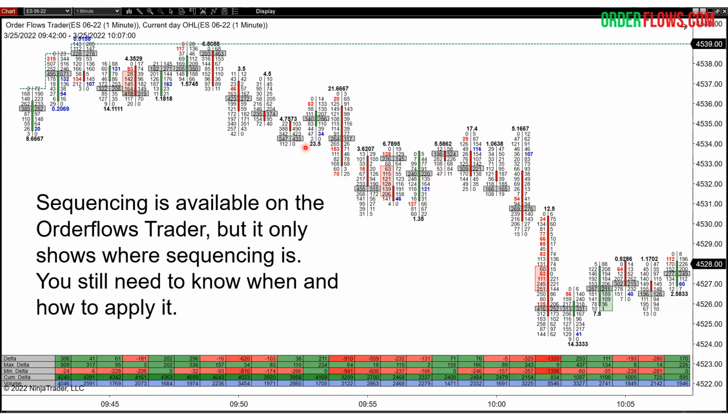And the thing is, on the footprint chart, what we have is just showing you where sequencing is. Because traders that use a footprint chart tend to be active traders, right? They're actually there monitoring the market, and they're putting what they're seeing in context of the market. Because at the end of the day, even if you know where sequencing is, you still need to know how to apply it, which ones to take or not.